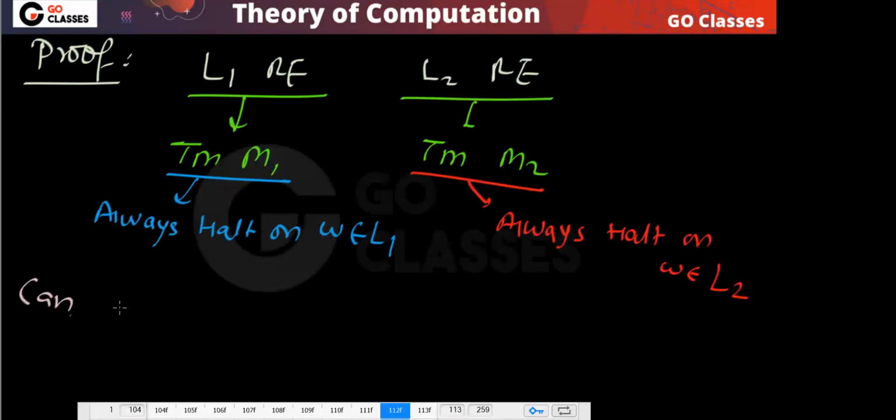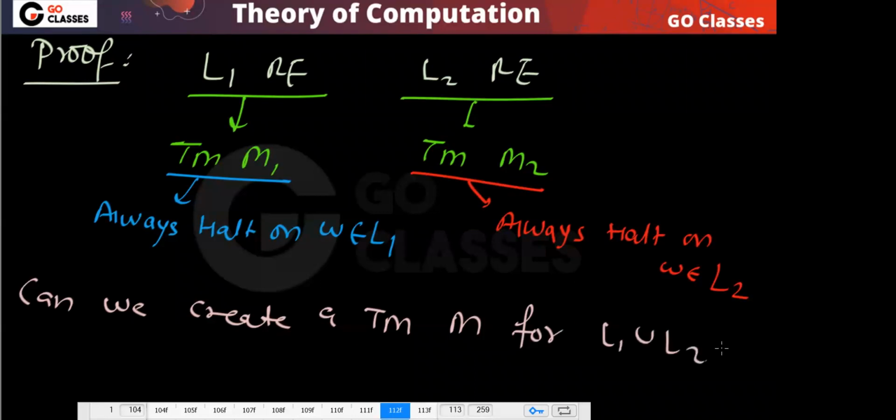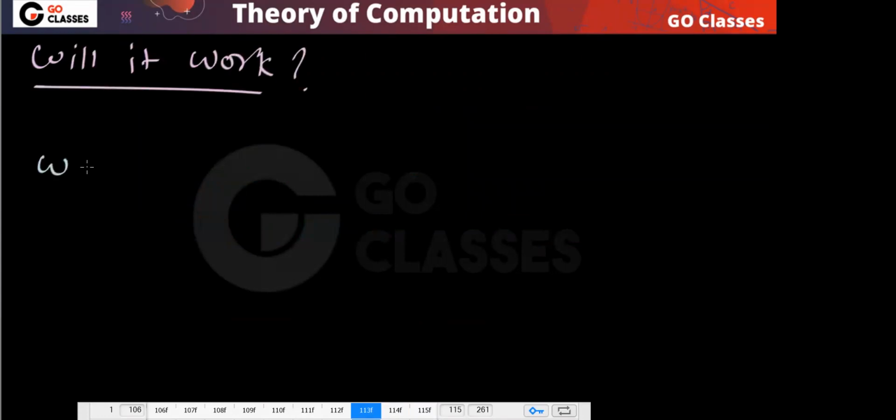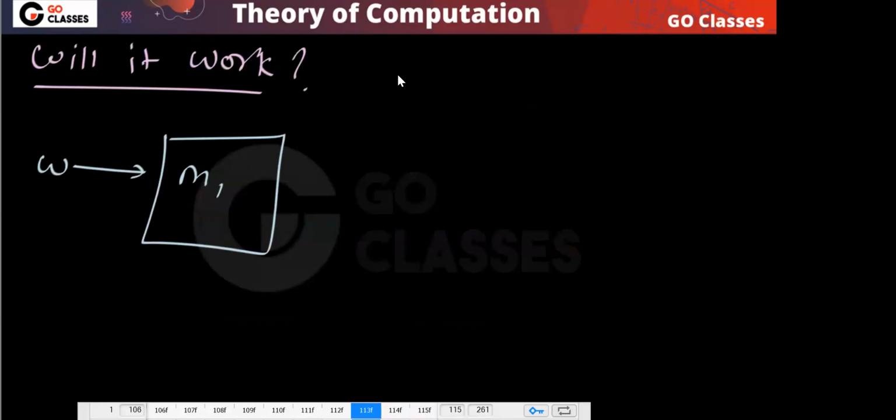Now, can we create a Turing machine M for L1 union L2? Will this method work? Run this W on M1.